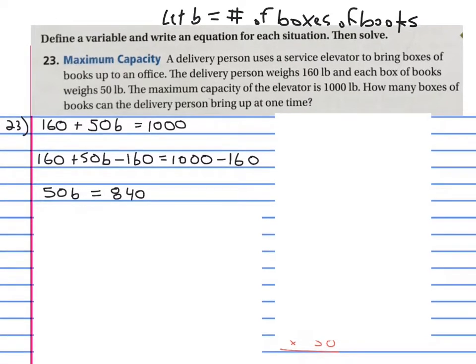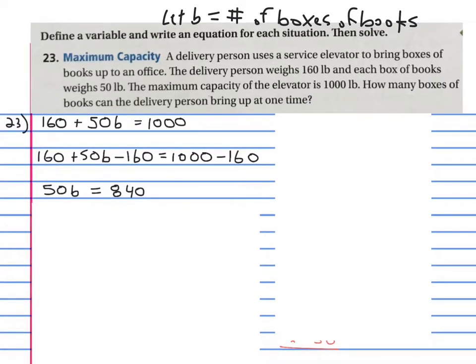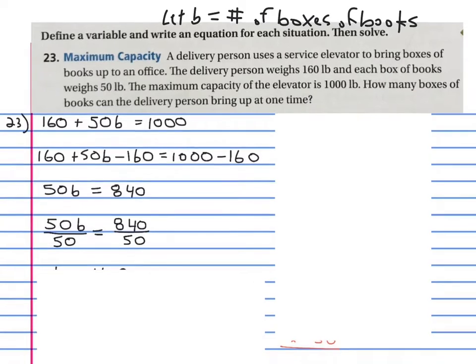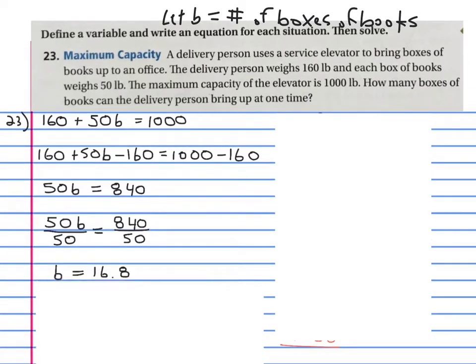We divide by the coefficient. We're going to divide 50b by 50 and 840 by 50 as well. Now that'll turn 50 over 50 into 1b, which equals just b. And if we divide this, we find that it is 16.8. Okay, now how did we know that?